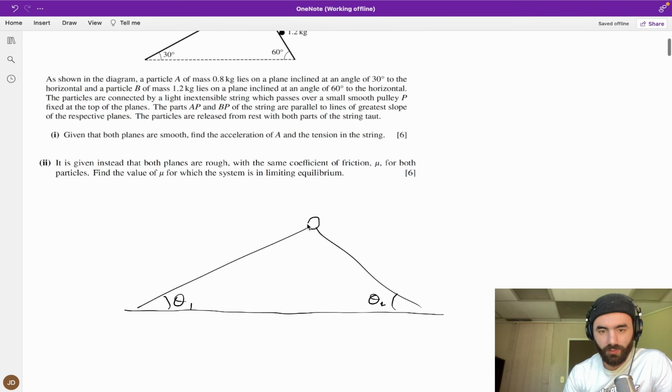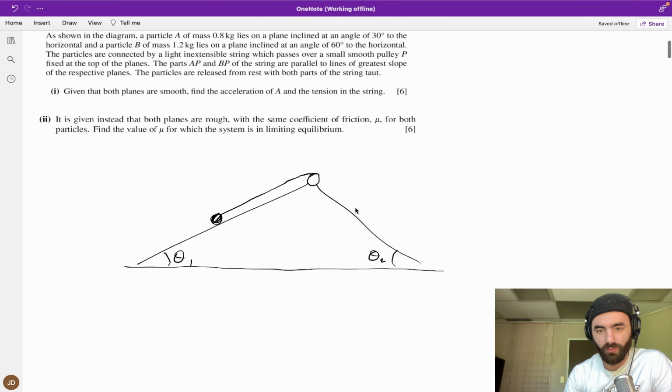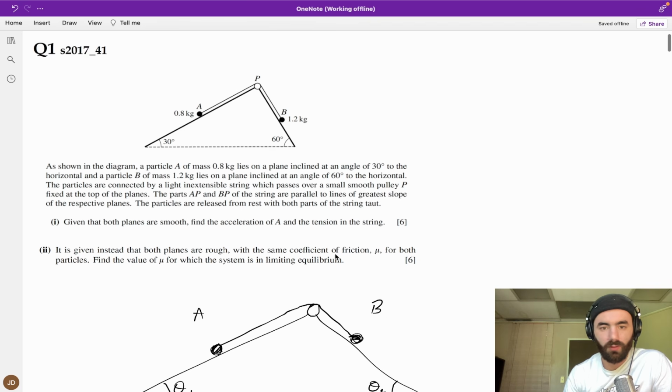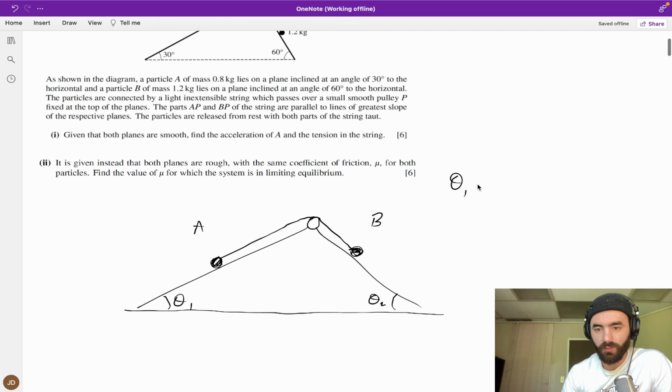We've got the pulley at the top here, our mass A here, which runs over this pulley, and our mass B here. Just doing a rough sketch like I've done for all of these. This is our mass A and mass B. Okay, so our theta 1 is 30 degrees, our theta 2 is 60 degrees.